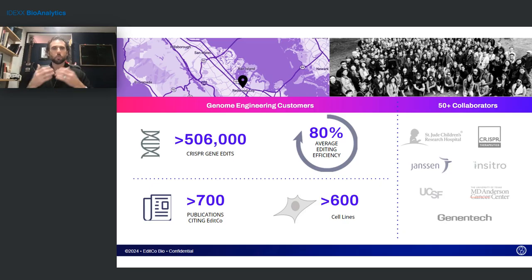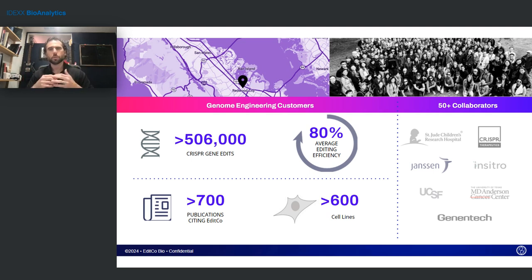We've been responsible for well over 500,000 genome edits when taking into account our services and our CRISPR reagents portfolio. Additionally, we've been cited in well over 700 publications when you take those same products and services into account that we brought over from Synthego. From a cell line engineering perspective, we fine-tuned our automated platform to have an average editing efficiency of around 80% for our knockout pools.